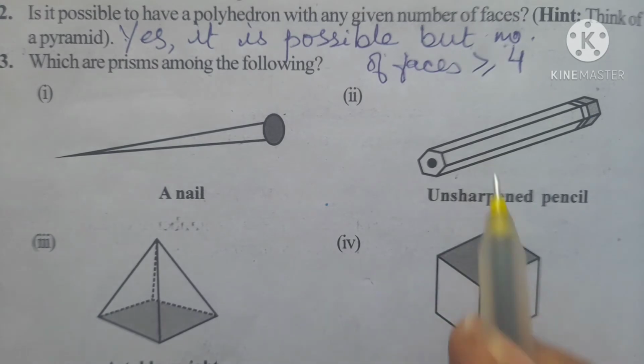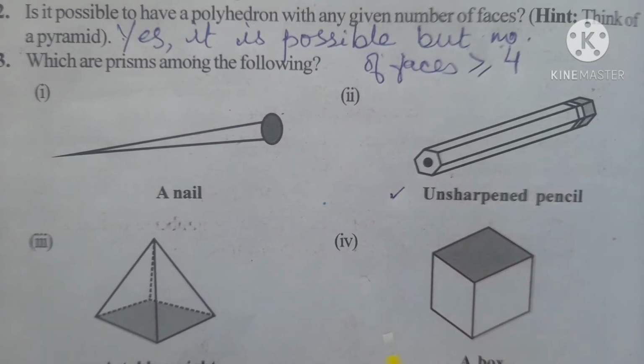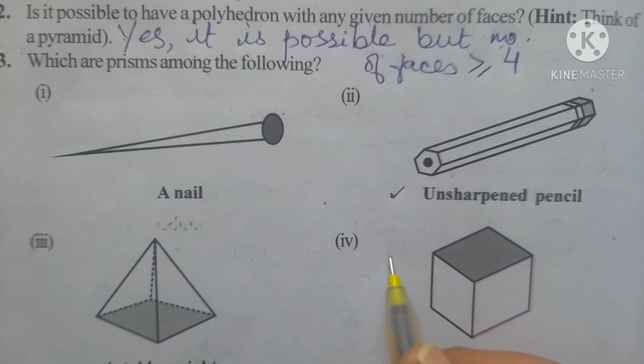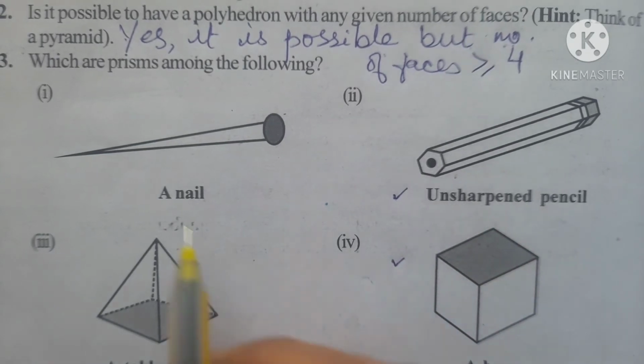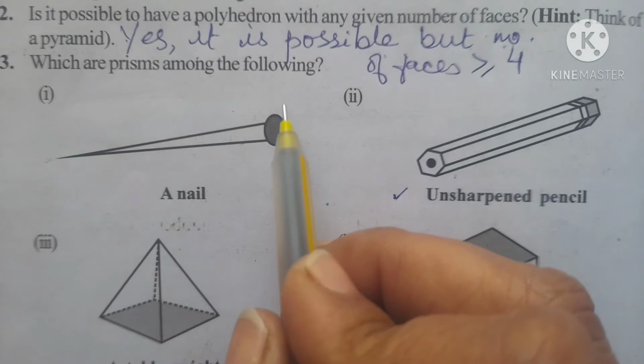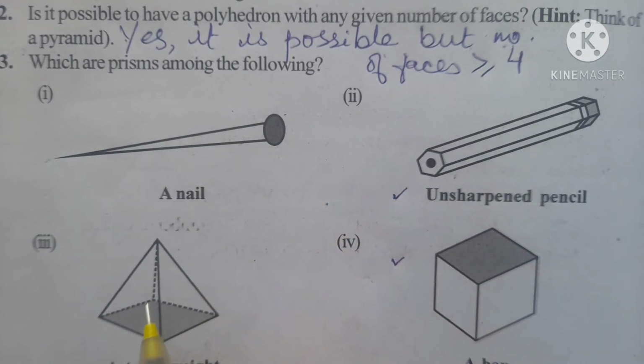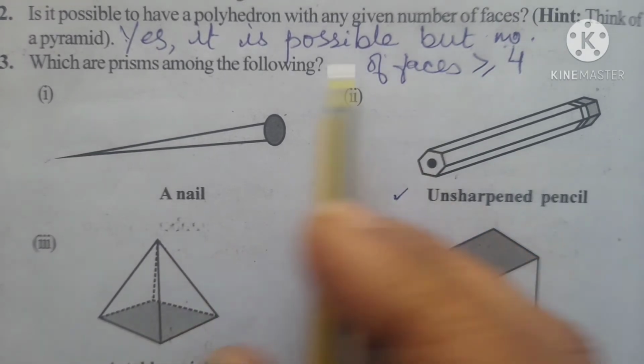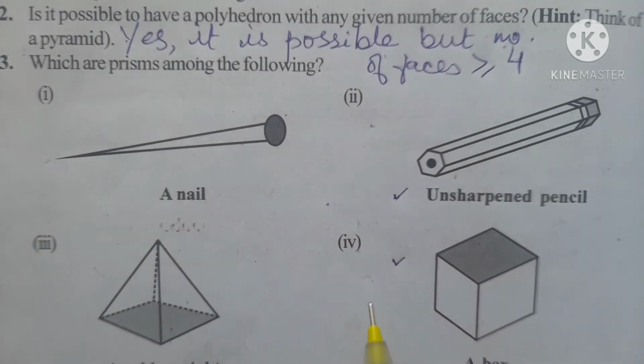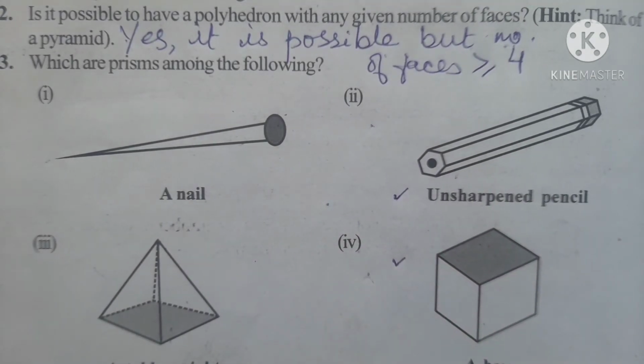So this could be a prism. Similarly, a cube is also a prism. The top and the bottom faces are the same. Here the top and the bottom are not the same, so it is not a prism. Here also the top and the bottom faces are not the same, so this is also not a prism. So out of these 4, the second and the fourth are prisms.